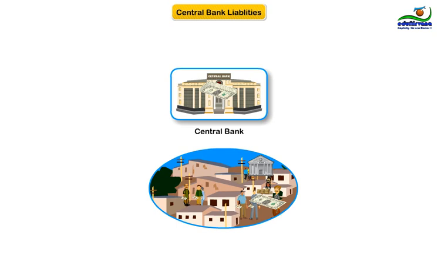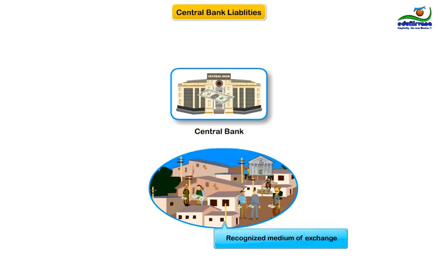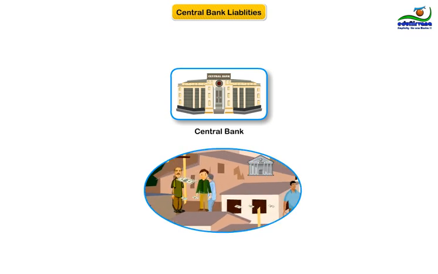People are more willing to accept these IOUs from the central bank than from any other person because central bank notes are a recognized medium of exchange. That is, they are accepted as a means of payment and so function as money.